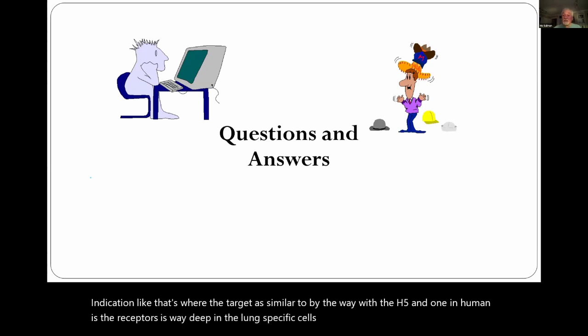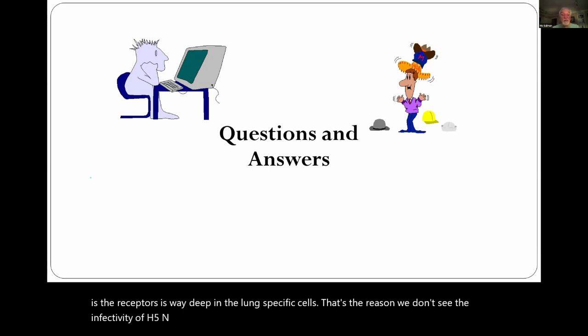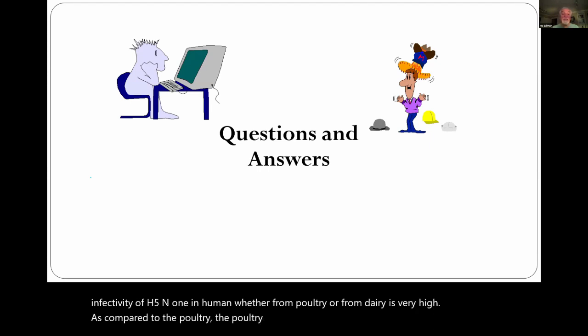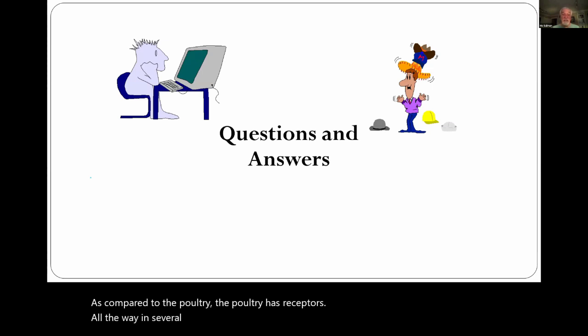That's the reason we don't see high infectivity of H5N1 in humans, whether from poultry or from dairy, as compared to poultry. The poultry has receptors all the way in several organs and several tissues. So that's the reason it's been more effective in that way.